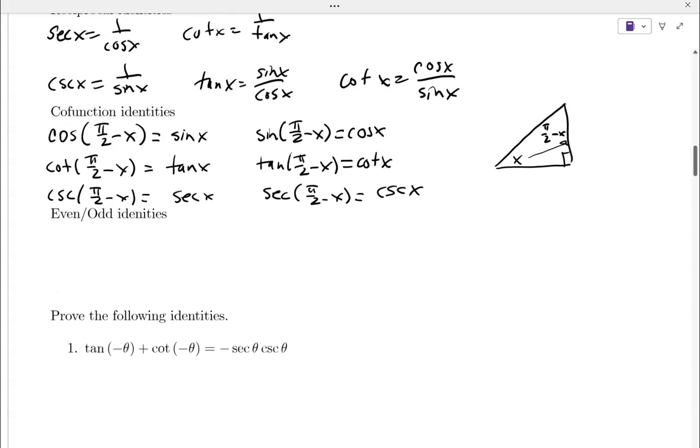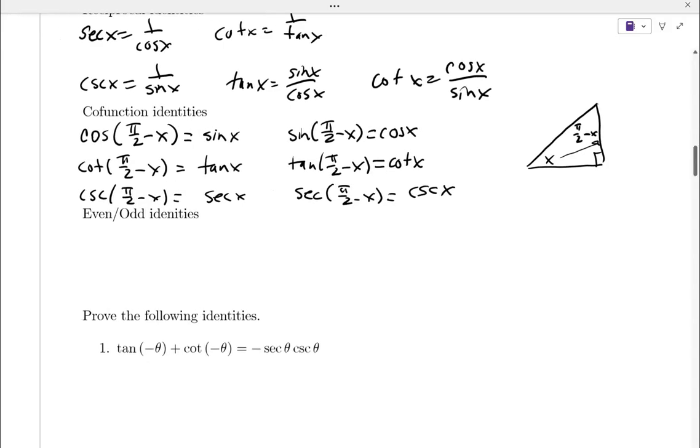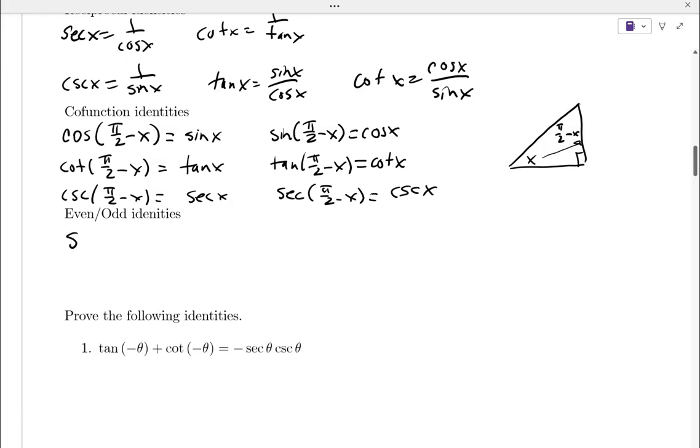Even and odd identities have to do with algebraic properties of even and odd functions. Remember that even and odd are symmetry ideas. Even means it's symmetric about the y-axis. Odd means it's symmetric about the origin.